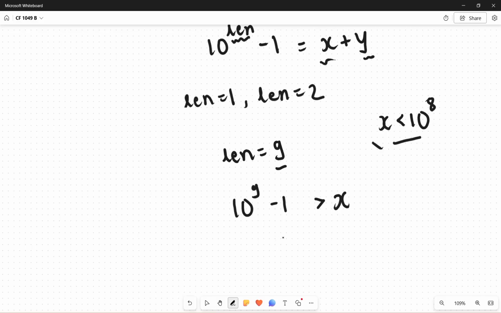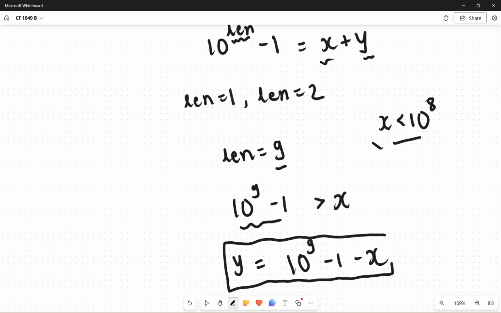And y would be directly 10 to the power of 9 minus 1 minus x.